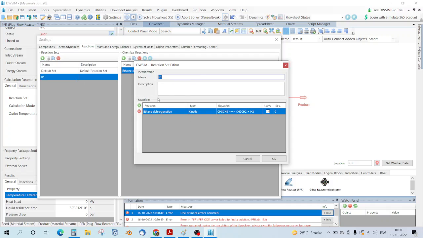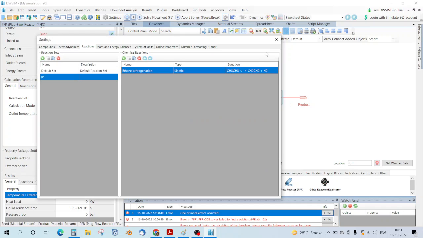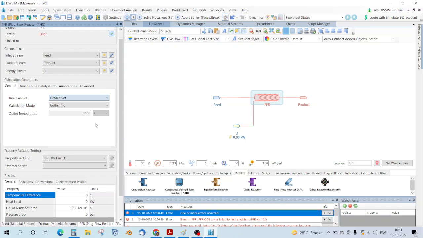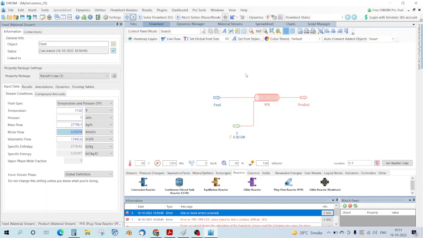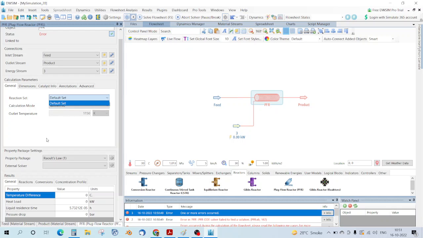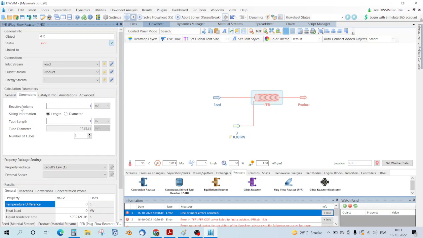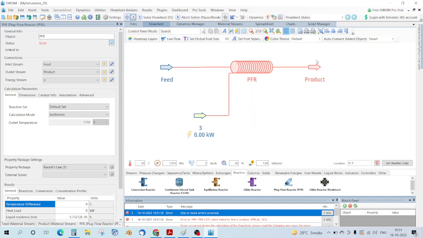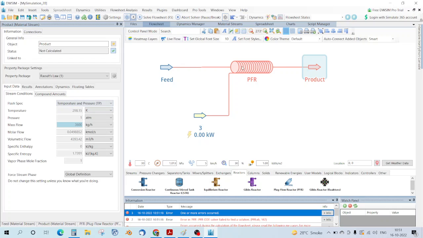The R1 has this. Okay, it's active. Yes, let me select something else, then go to this. Why isn't it coming? Anyways, let me see the product.